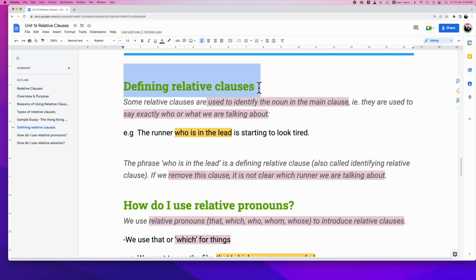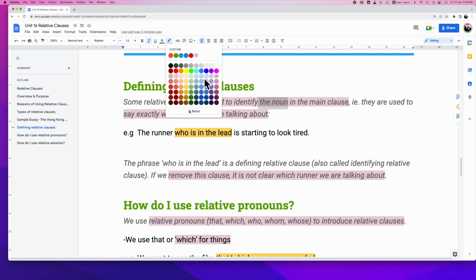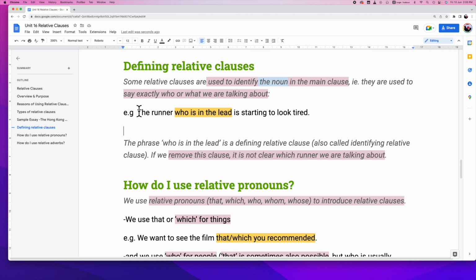Defining relative clauses. Some relative clauses are used to identify a noun in the main clause, like this. For example, they are used to say exactly what or who we are talking about. Example: the runner, what runner?